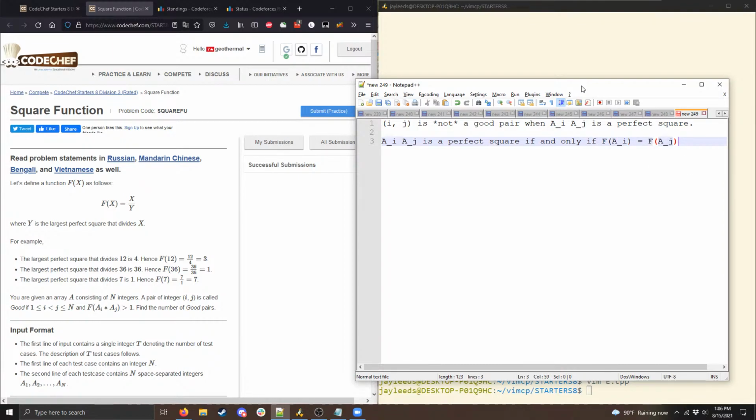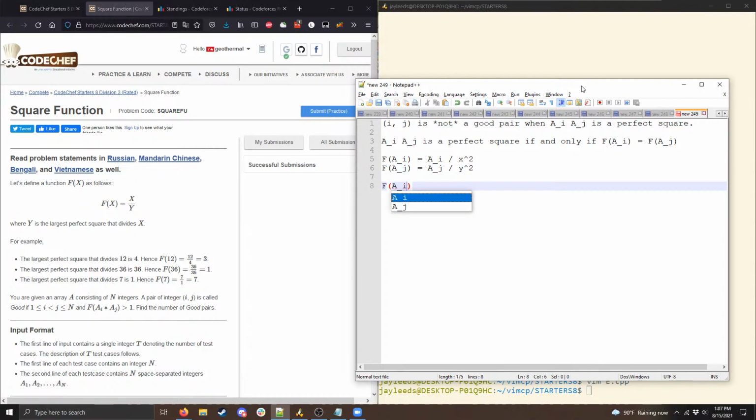And the idea here is that if a sub i and a sub j have the same f value, then when we multiply them together, let's say f of a sub i is equal to a sub i over x squared, and f of a sub j is equal to a sub j over y squared.